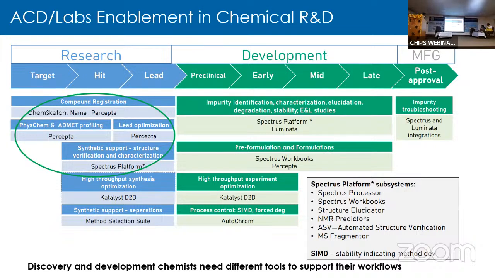For that purpose, we have a tool called ChemSketch. This is a drawing tool, and it can derive the uniform name for the compound, for registry and patent purposes, and create properties. So we have a solution for the basics.